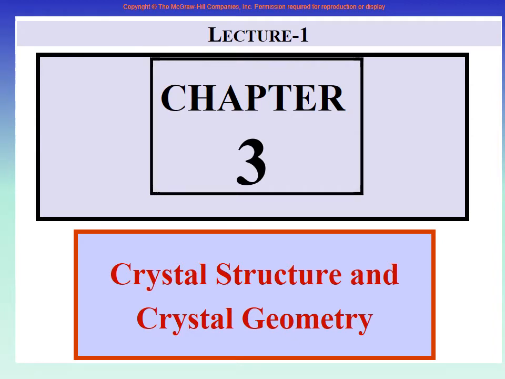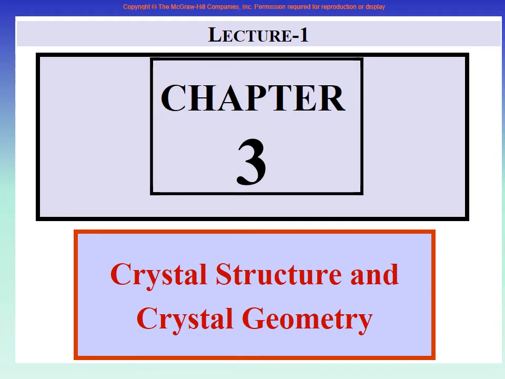So therefore, okay, I am taking material science. My main purpose is to know about the properties so that I can select a good material for my product. So that is the application side, right?